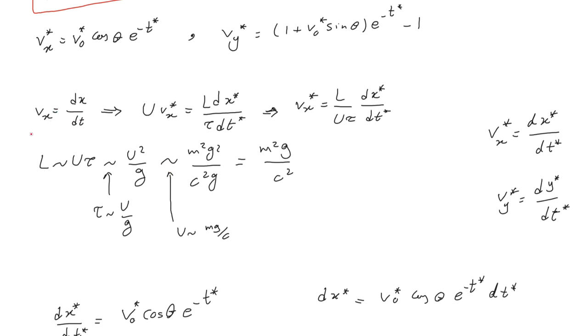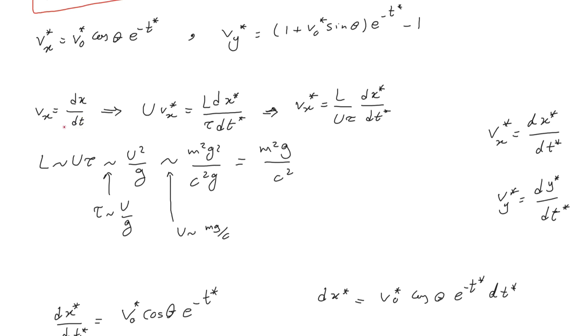The next step is to write the relationship between the velocity and the coordinate, the location, the position, right? So we know that the velocity in x direction is the derivative of x, the distance, the length of the movement, with respect to t, time.